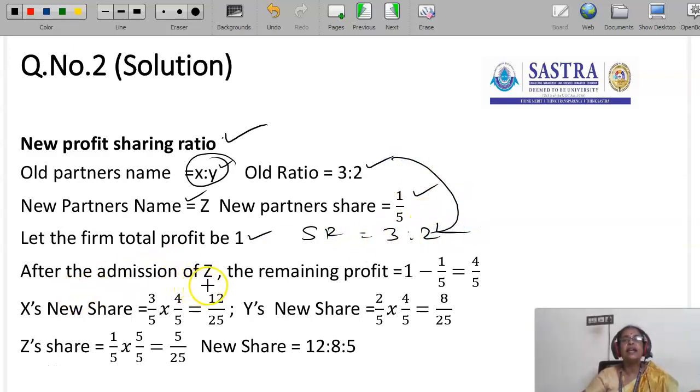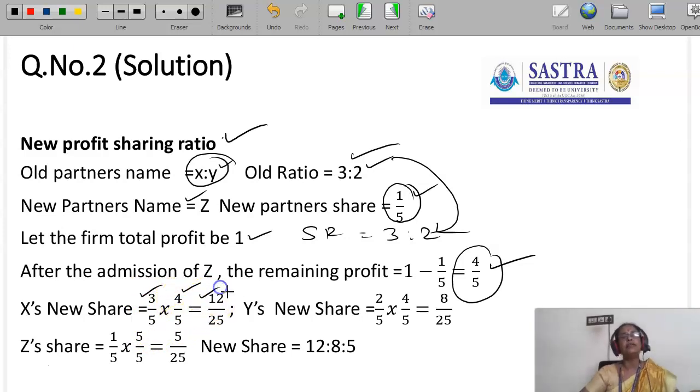After the admission of Z, the remaining profit is, Z's share is 1/5, so 1 minus 1/5, that is 4/5. The assumption is that 4/5 should be shared between X and Y in the same ratio, the old ratio 3:2. So the remaining profit is 4/5, and the old share of X is 3/5. So 3/5 into 4/5 is 12/25.